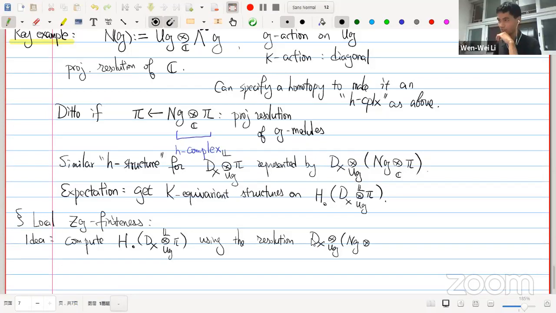We try to show that it is generated by a finite dimensional subspace, stable under Z(g). Somehow this can be done. I'm sorry, I don't have that much time, so let's omit the details.